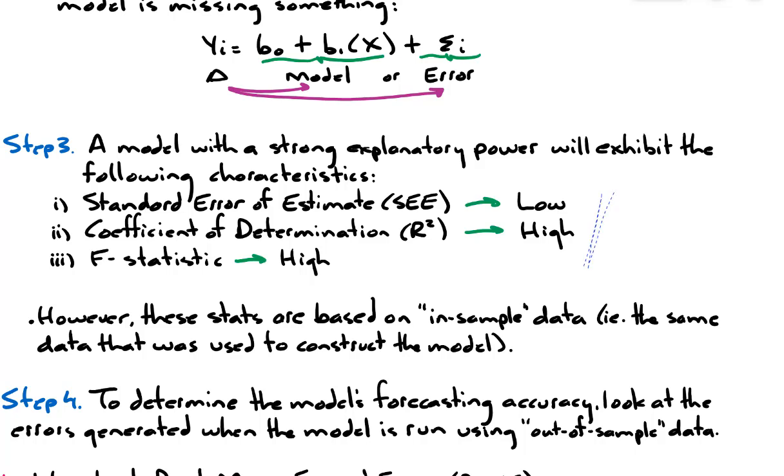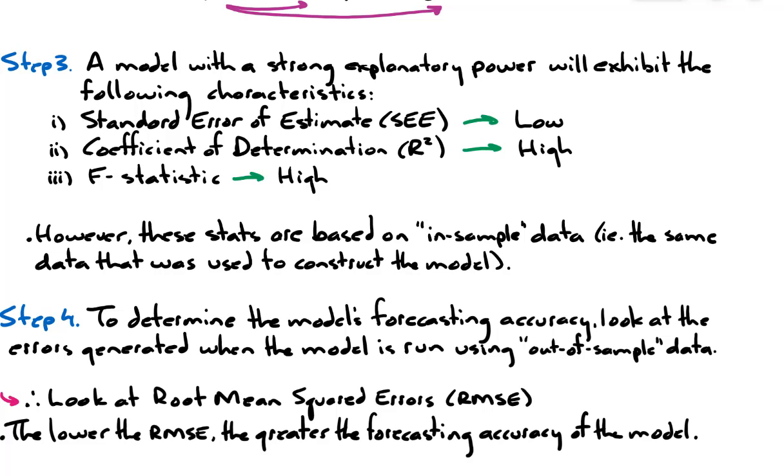If you see this, it means that the model has a strong explanatory power. However, these statistics, the standard error, coefficient of determination, and F-stat, are calculated using in-sample data. In other words, the same data that was used to construct the model.